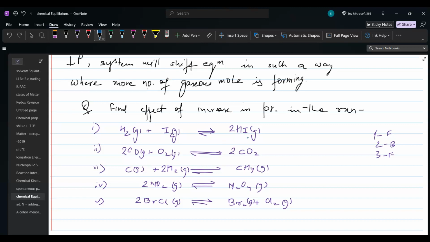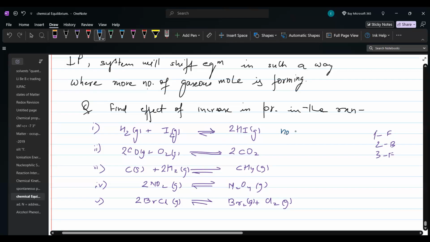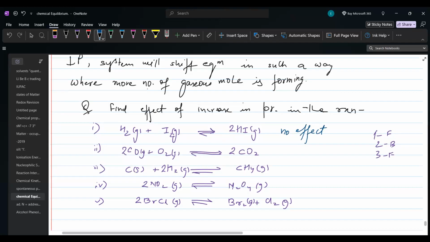So no matter whether we increase or decrease the pressure, nothing will affect the equilibrium. No effect, because the number of gaseous moles is the same on both sides. So we cannot see a change in this equilibrium. Got it, everyone?